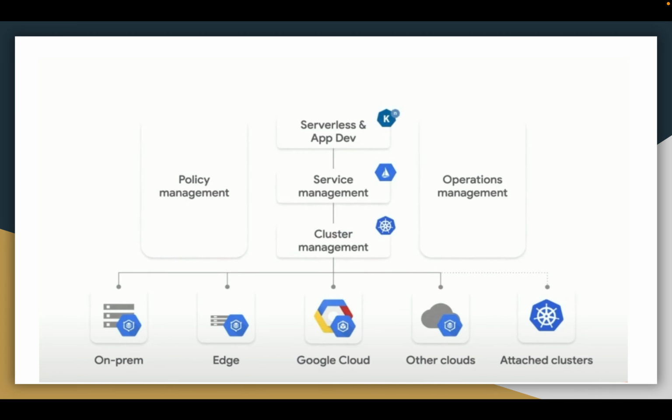Next, Cloud Code to provide an IDE-enabled development environment, and Cloud Logging and Cloud Monitoring to provide operational visibility across all those deployment options. So we are going to see the detail.